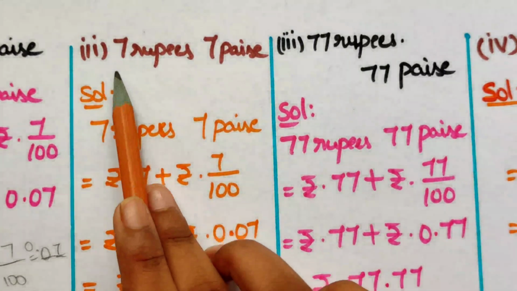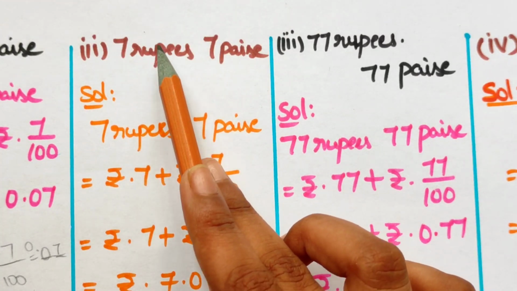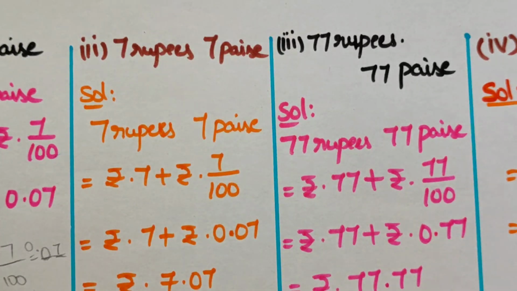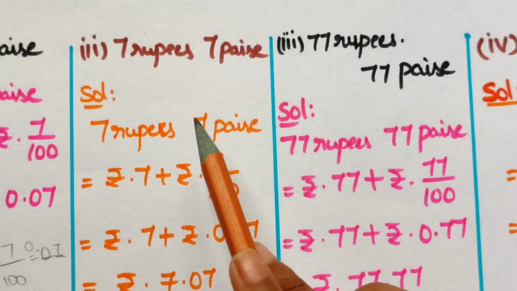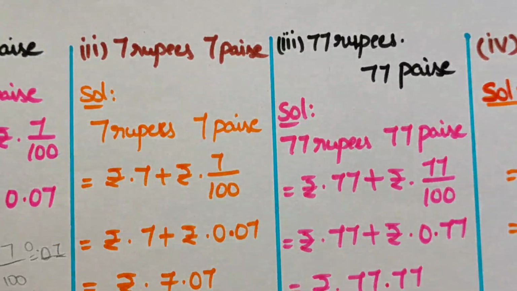Here the 7 rupees is already in rupees. Now we should only convert the 7 paise.